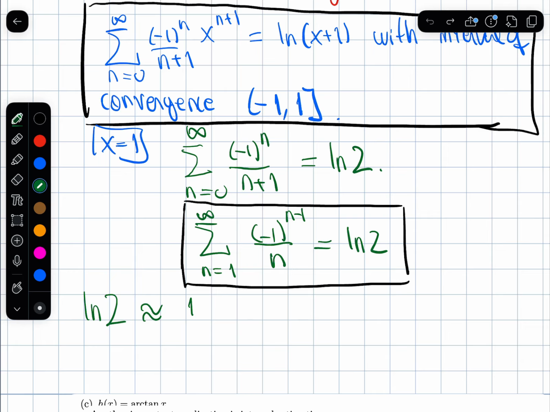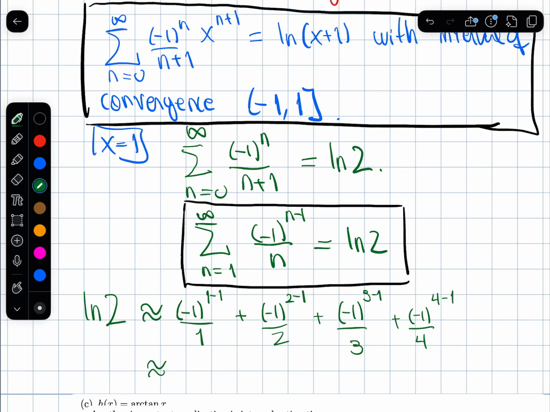I'll do it step by step. 1 minus 1 over 2, plug in n equals 2. Plus 1 over 3, plug in n equals 3. Minus 1 over 4, plug in n equals 4. So maybe I'll stop at 4. And of course I could add more if I wanted. But the calculator will add as many of those terms as it needs, as the user needs.